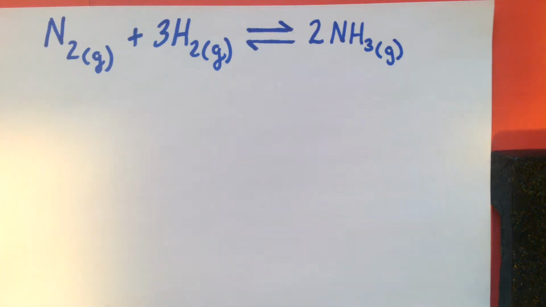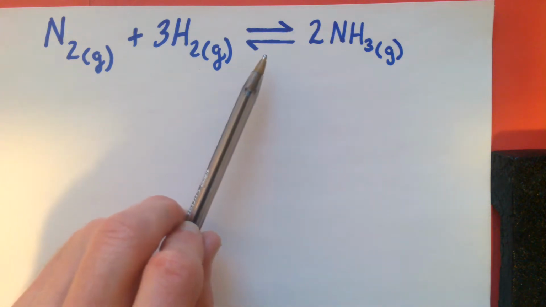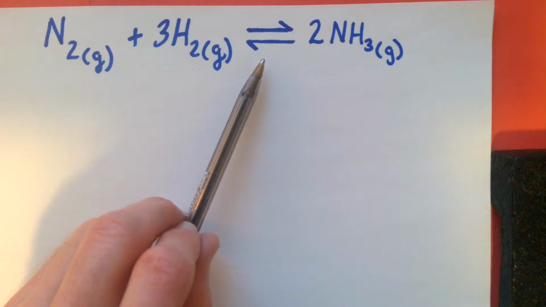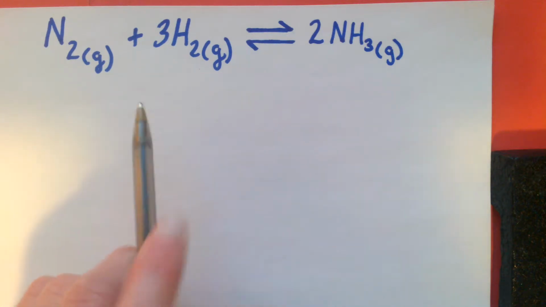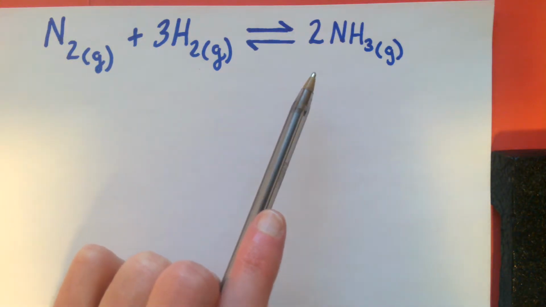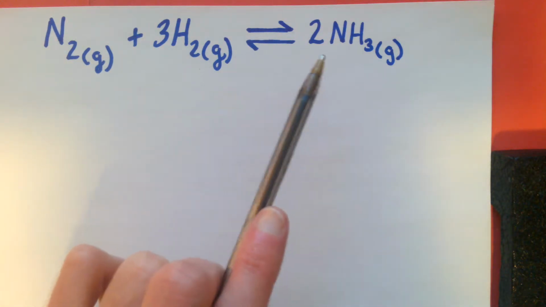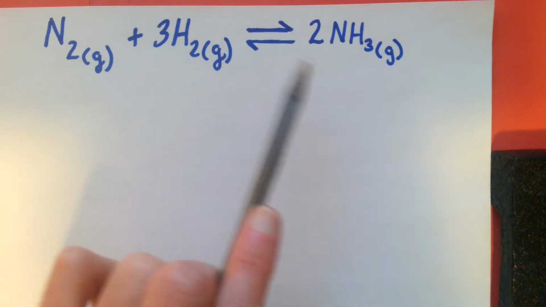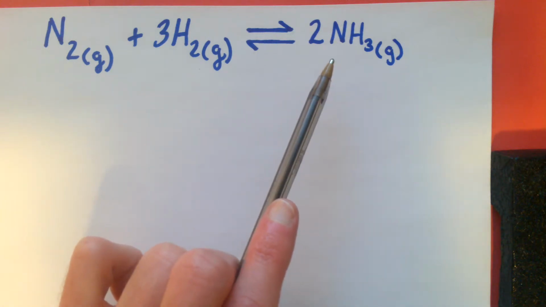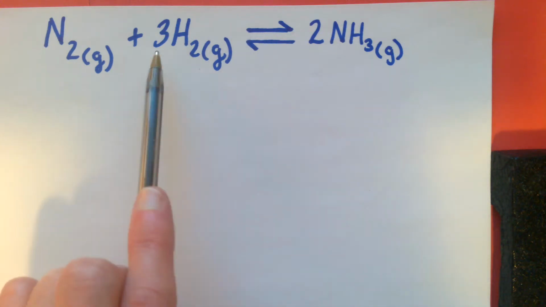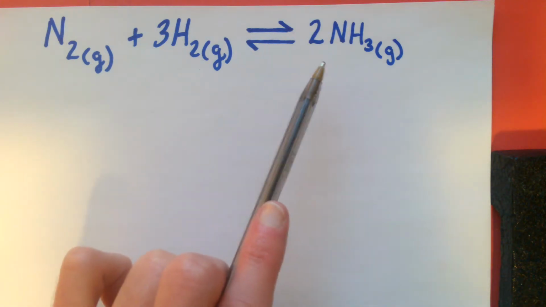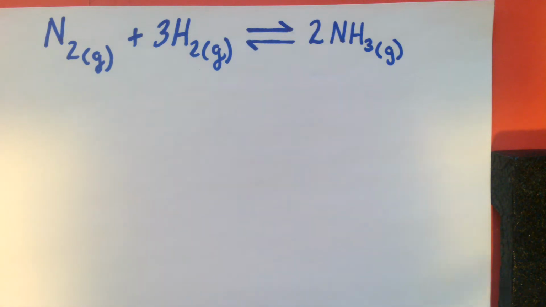Also notice on this reaction equation that we have double arrows, forward and reverse arrows, meaning that this reaction will proceed forward to a point and then will start reversing itself. So we can have both reactions running simultaneously, both the forward, the synthesis of ammonia, and the reverse, which is the decomposition of the ammonia back to the hydrogen and nitrogen gases.